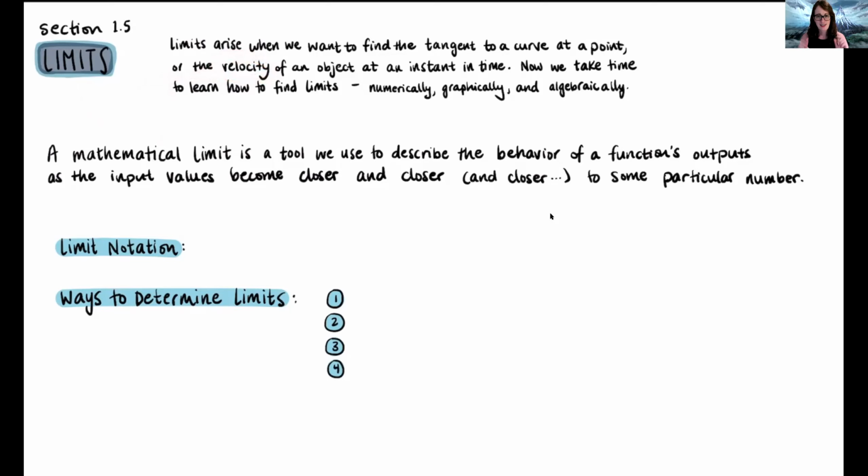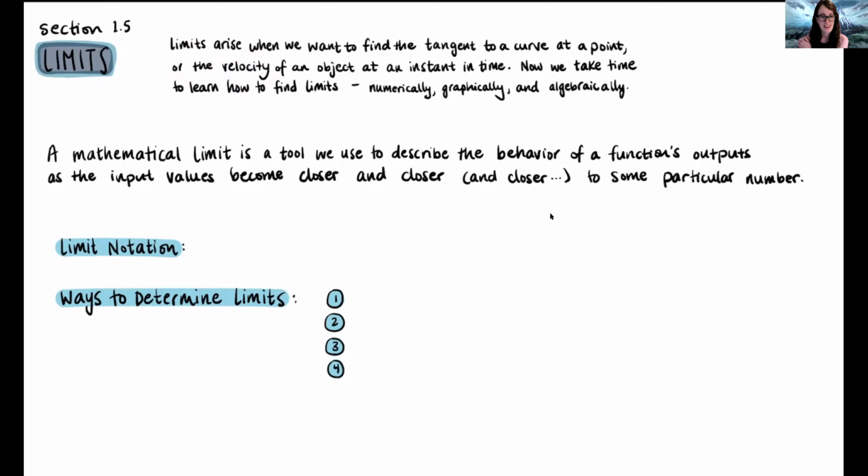And so if you take a snapshot in time at just one instant, there's no change in distance and there's no change in time. But at any given instant in time, we're always moving, right? So there is a velocity or a speed at a particular single instant in time. So these are questions that we're going to answer a little bit later.